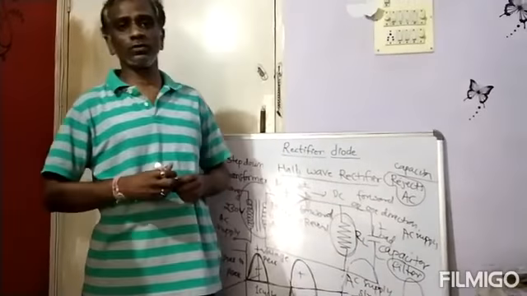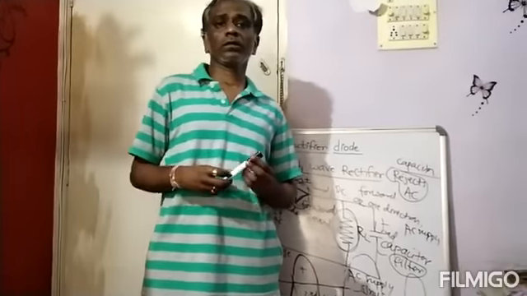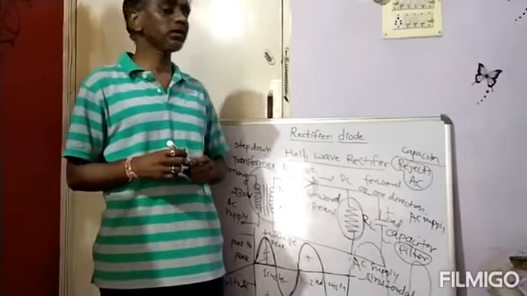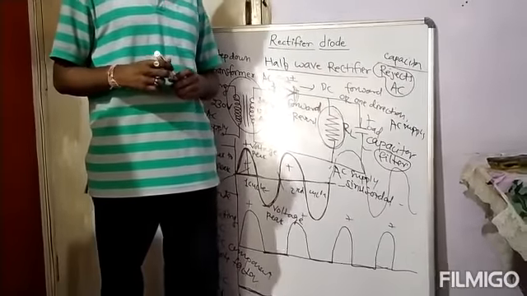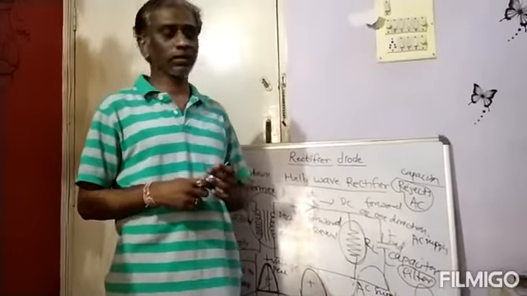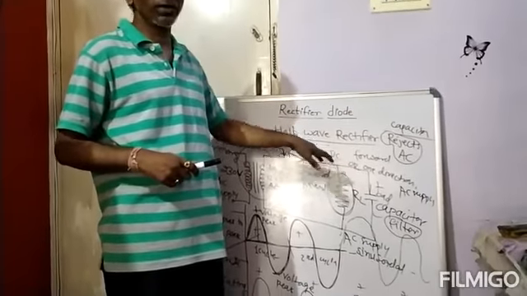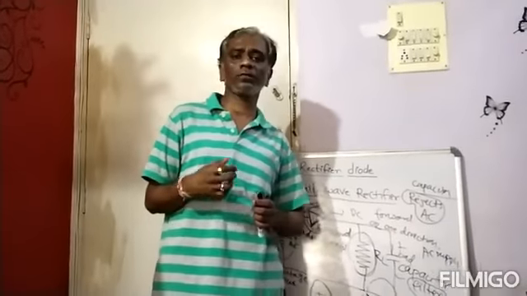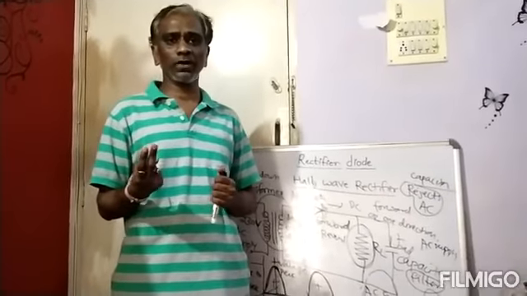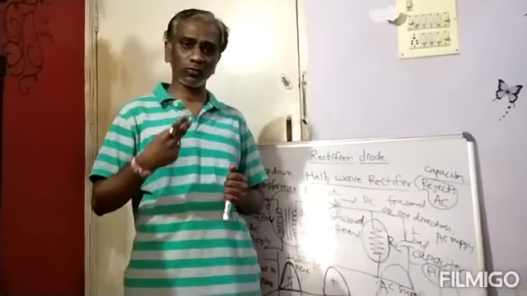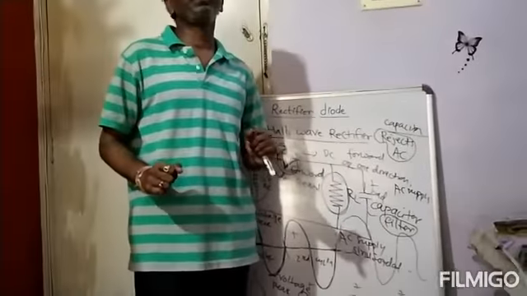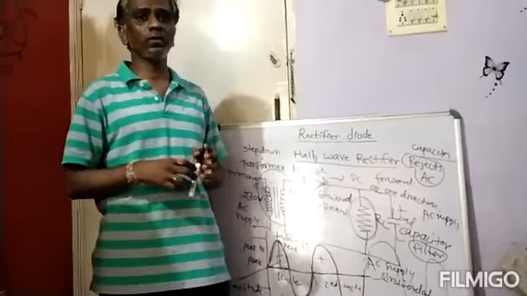In the next video, I will explain how to create a full wave rectifier. Here in the half wave rectifier we are using a single diode. I have already told you there are three types of rectifiers. One is a half wave rectifier, one is a full wave rectifier, also called a center tap rectifier, and the third one is a bridge rectifier, which is also a full wave rectifier.